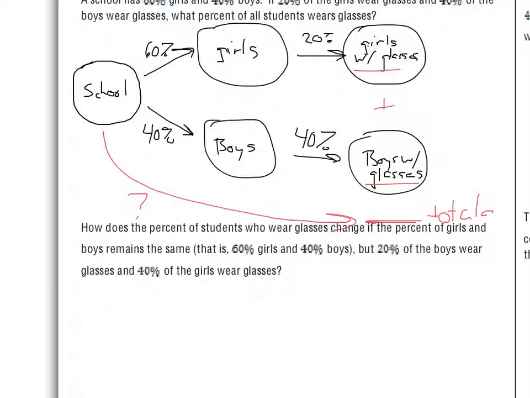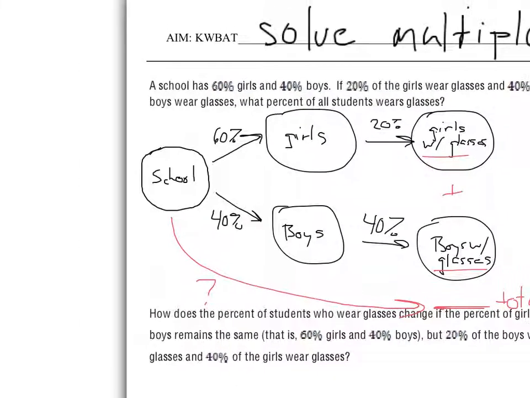Question mark. All right, so looking at this, 60% of the girls, we don't have values here, so let's pick a value. As we've learned, 100% is a nice little value to work with. 100 students is a nice little value to work with.